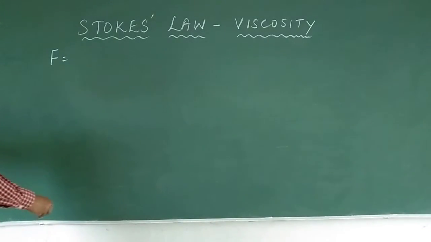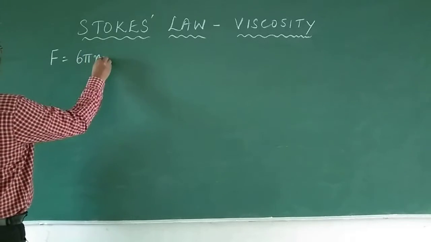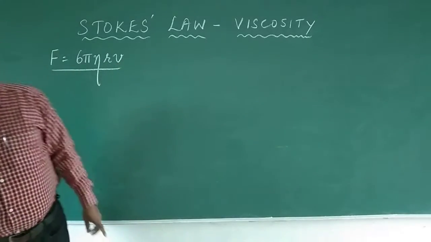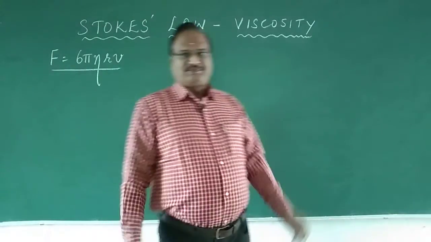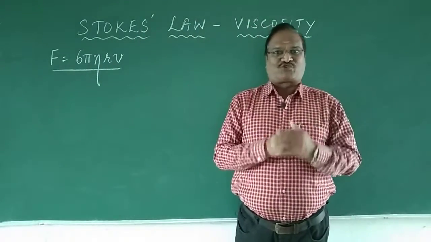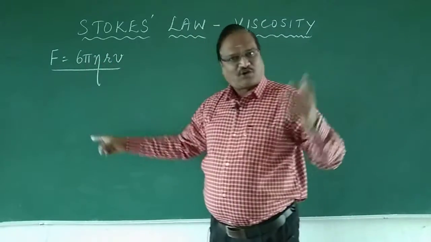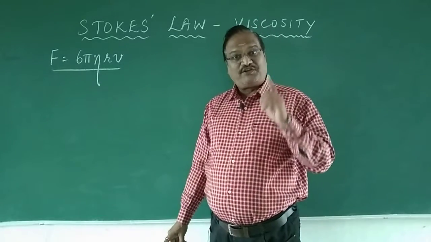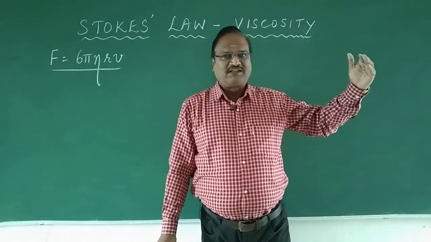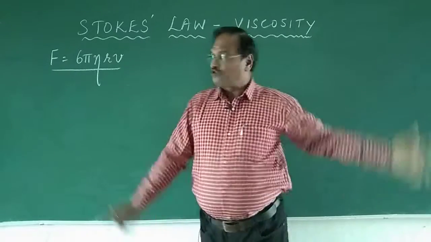So what is Stokes law? F is equal to 6 pi eta R V. This is called Stokes law. Dear students, Stokes law is about viscous drag or viscous force. F is equal to 6 pi eta RV, where pi is a constant, and eta is the coefficient of viscosity, which differs from liquid to liquid: water, vegetable oil or castor oil, glycerine, it is going to change.